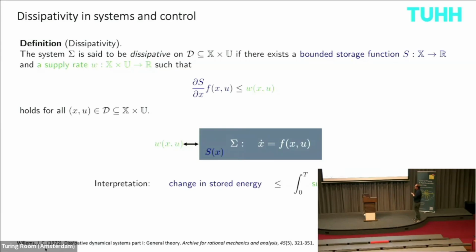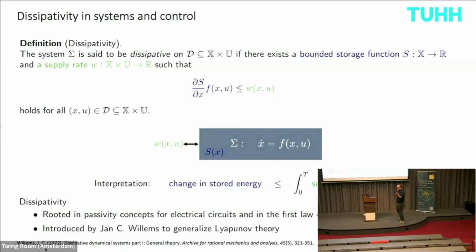And the interpretation is really: change in stored energy is bounded from above by the integral over the supplied power. That's the interpretation. If you're familiar with electrical circuits, passive electrical circuits, where you have capacitors, inductivities, etc., there's a concept called passivity, where you say the supplied power is always the product of voltage times current. That's a special case of this.